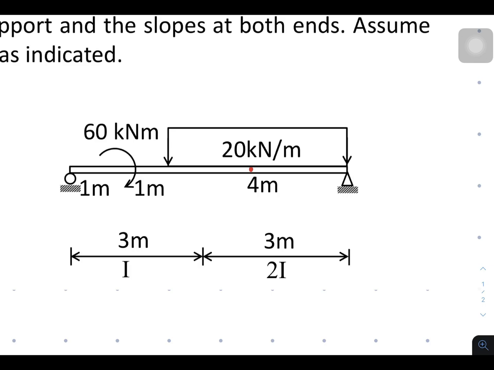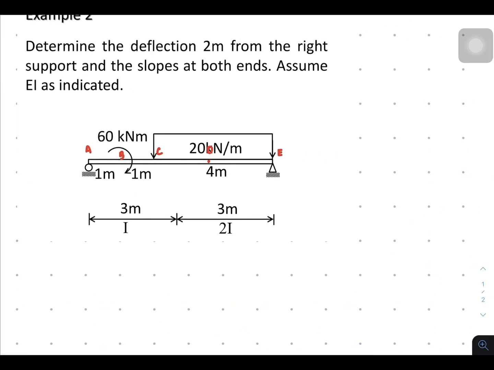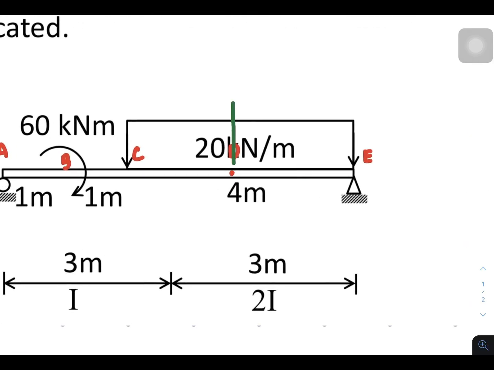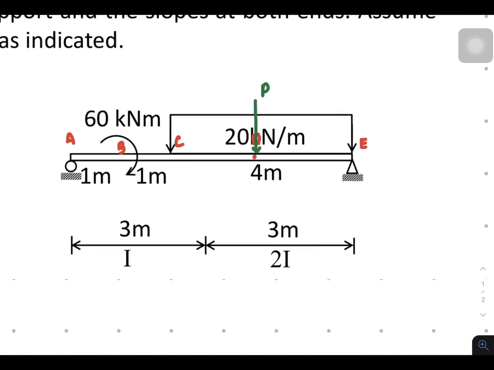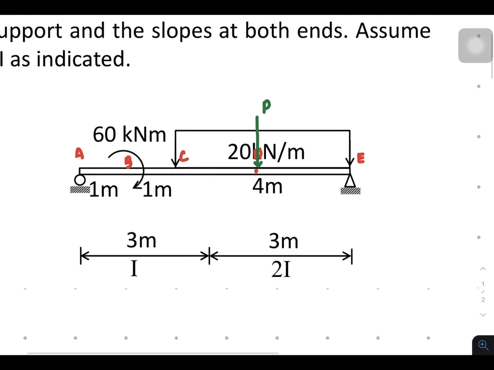If we assign a letter to each point, this is A, this is B, this is C, this is D, and this is E. With that, we are also going to place the P force at point D, since that is the point where the deflection is asked, and the direction is the anticipation of the point at which this deflects.